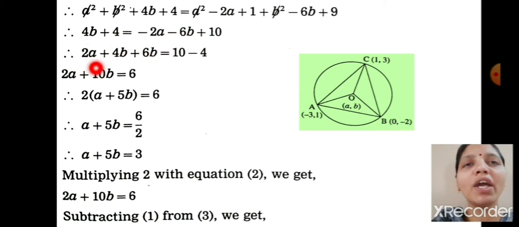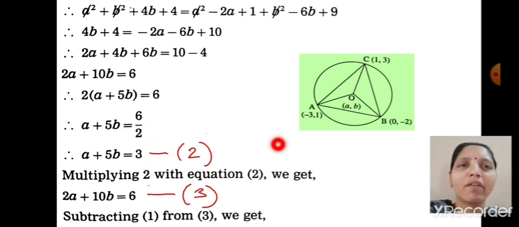So you will get 2A plus 4B plus 6B is equal to 10 minus 4. Therefore, 2A plus 10B is equal to 6. Now take out the common factor. 2 into (A + 5B) is equal to 6. Therefore, now shift this 2 to the other side. A plus 5B is equal to 6 upon 2, that is equal to 3. Write this equation as equation 2.